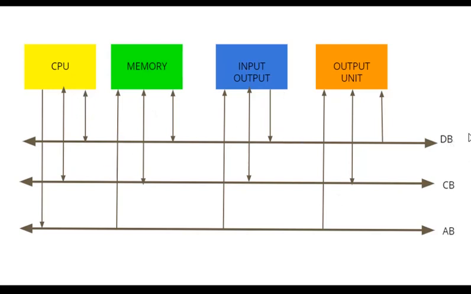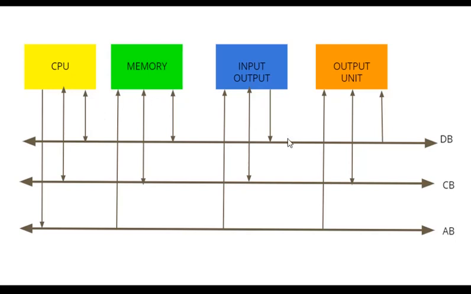And the last bus is the data bus. The data bus is again a bidirectional bus which is used to transmit your data and instructions. From CPU, it is a bidirectional bus which goes from CPU to data bus and data bus to CPU and vice versa. Similarly for memory.